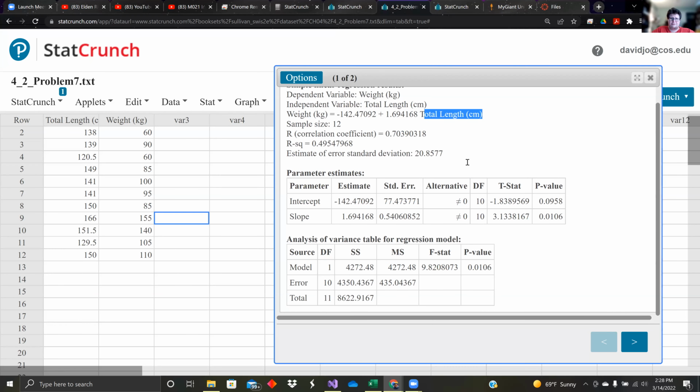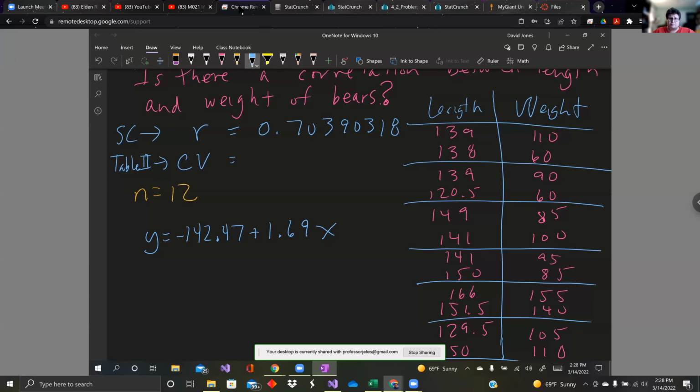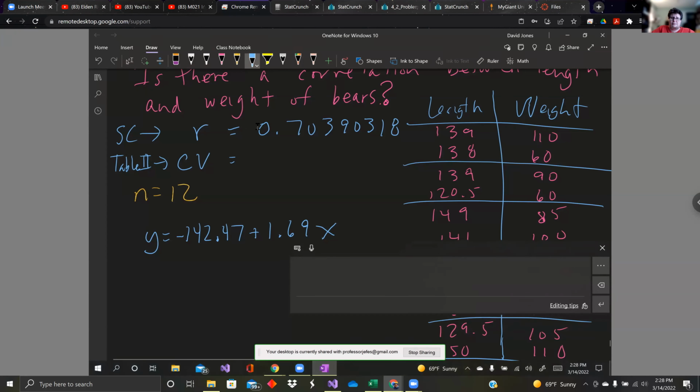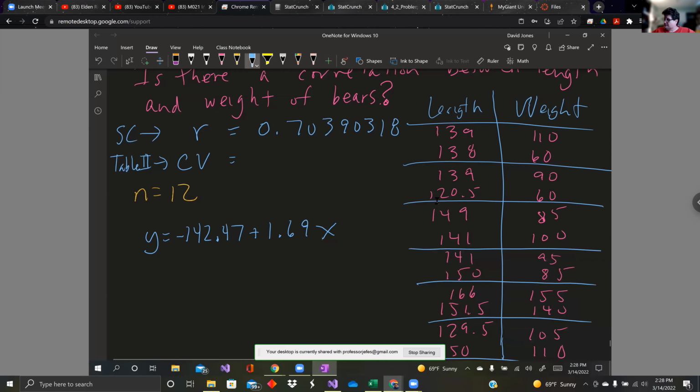So I borrowed some stuff from this. I'm going to switch back over to the writing screen where you can see what I'm doing. You can see what I put there. I got my R value right there. The Y value is listed like this right here.